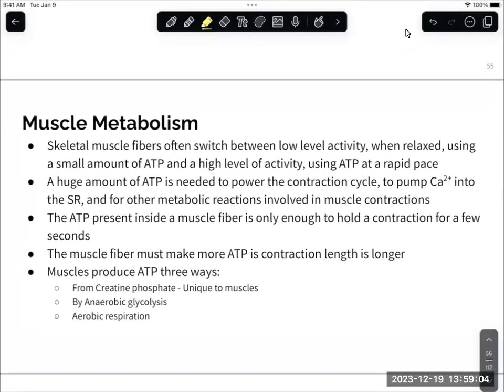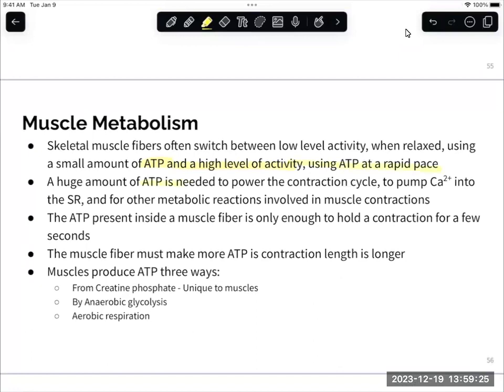So our muscle metabolism. How do our muscles make energy? We have three different ways our muscles can make energy because we use a lot of ATP. ATP is used for muscle contractions.